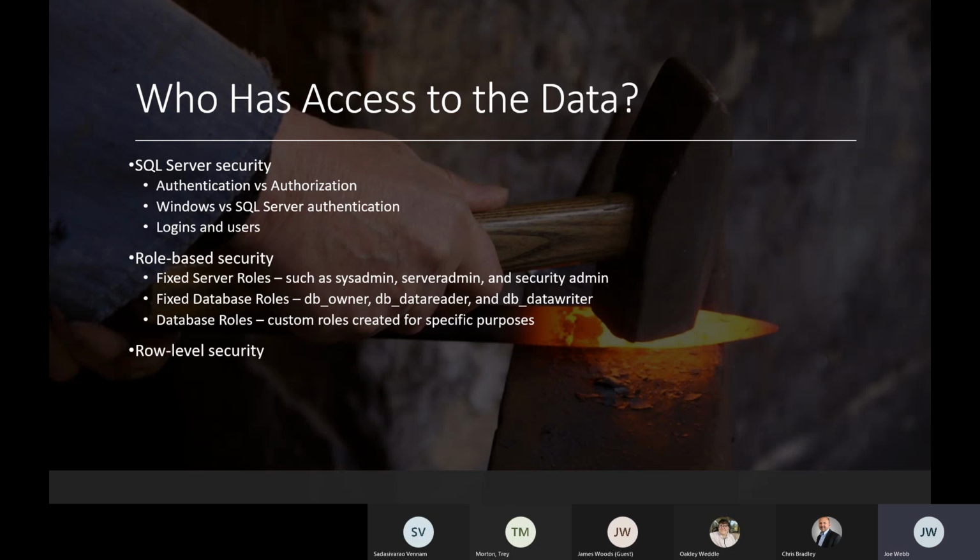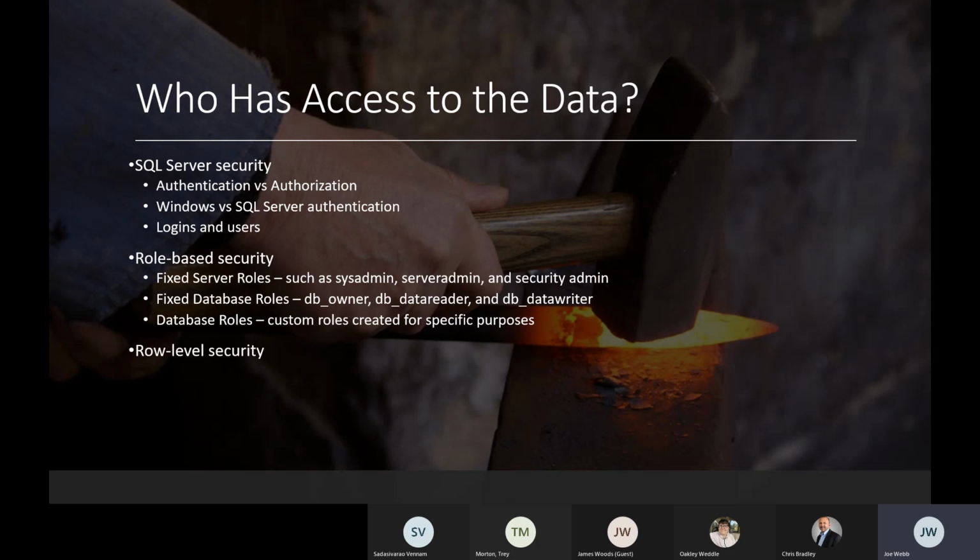We could take it another level and assign permission outside of those fixed server roles and the database roles that we create. We can assign direct permission to users. That gets really complicated very, very quickly. SQL Server also allows us to do row level security and even column level security.